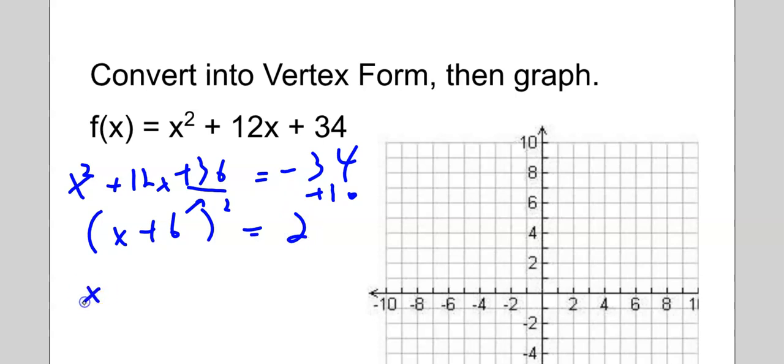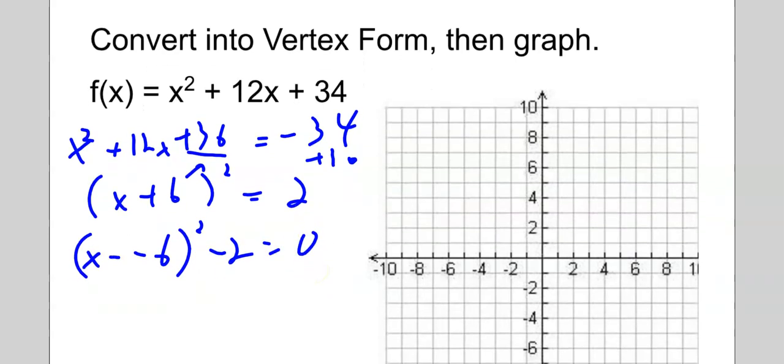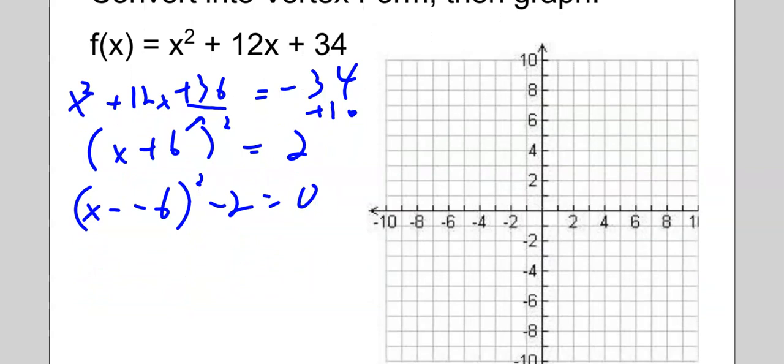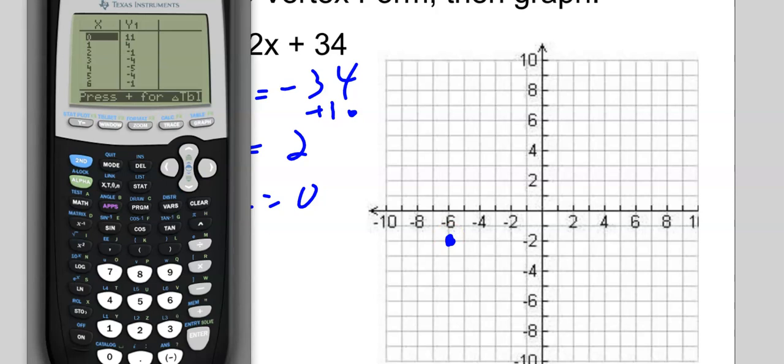Move that over. x minus -6, I'm going to put in that form to remind us, minus 2 equals 0. So my vertex is at -6, -2. Okay. I'm going to go to my calculator and put in x squared plus 12x plus 34. Now, that means 34 is my y-intercept.